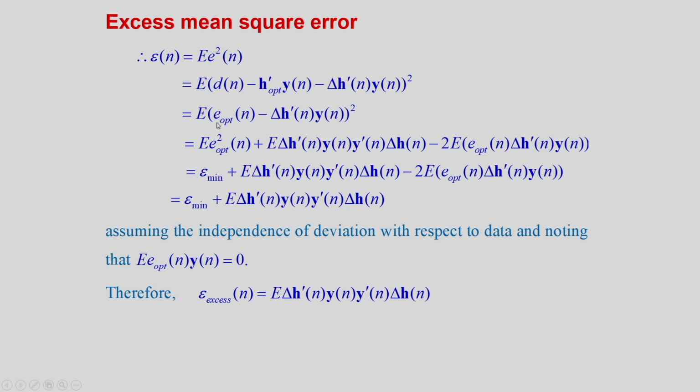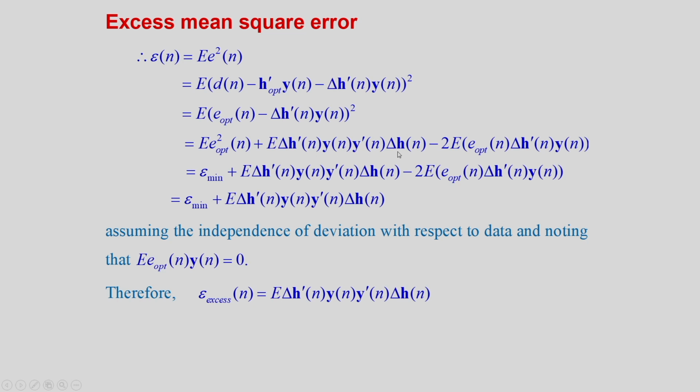Therefore, the mean square error will be E of e opt n minus delta H transpose n into yn, whole square, and this we can write as E of e opt square n, that is the Wiener mean square error epsilon min, plus E of the square of this quantity, delta Hn transpose into yn, into yn transpose into delta Hn, because these are matrices.